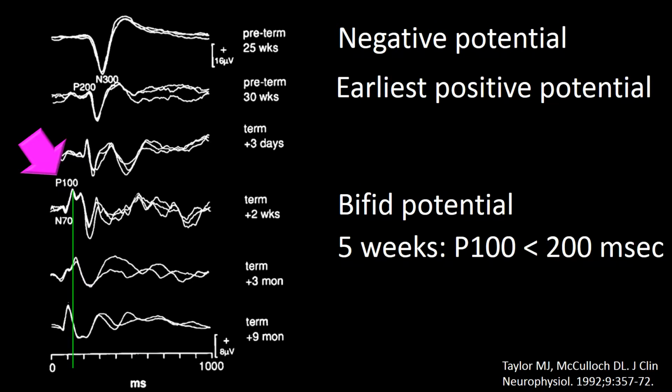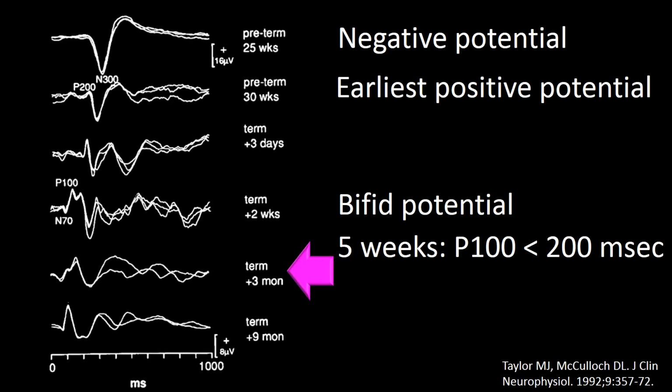As a matter of fact, many authors consider a P100 delay longer than 200 milliseconds a significant abnormality in this age group, especially if the delay persists after 5 weeks of age. It is also during the neonatal period that we start seeing a negative peak at 70 milliseconds.